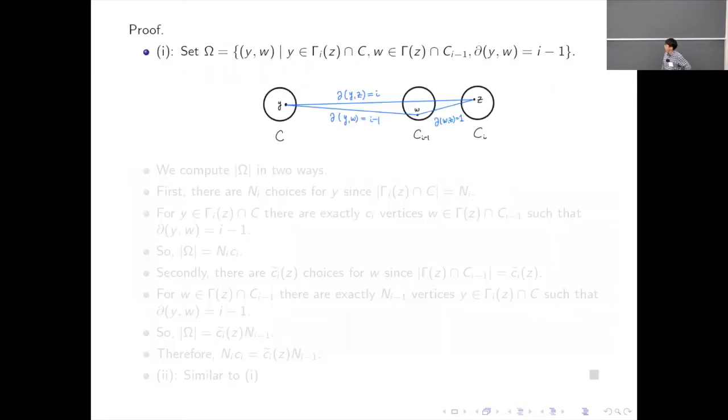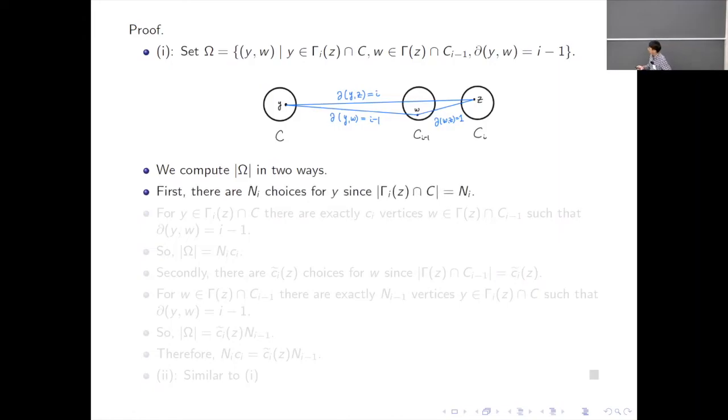To prove this, let's think about the set omega of pairs of vertices, such that we choose y in C, that is the ith neighbor from z. Recall our z is already chosen in C_i, and also w is a neighbor of z in C_{i-1}. So we count the pairs (y, w) with respect to the fixed vertex z. Count this cardinality in two ways.